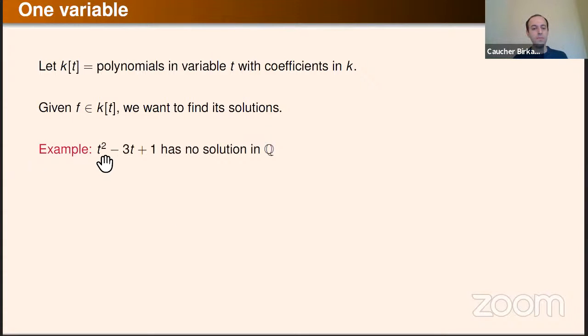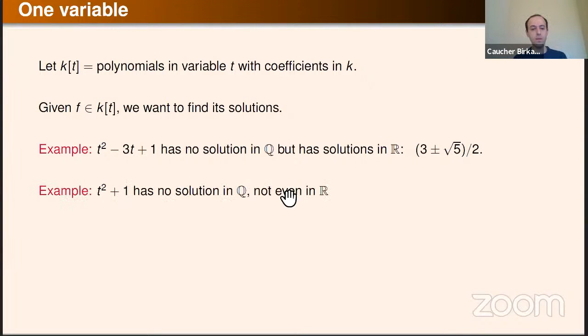As an example, t squared minus 3t plus 1 has no solution in Q, but has solutions in R, which we can write down precisely. So this is the Babylonian kind of algebraic geometry. There is a formula, and these are exactly the roots, the solutions of this polynomial equation.